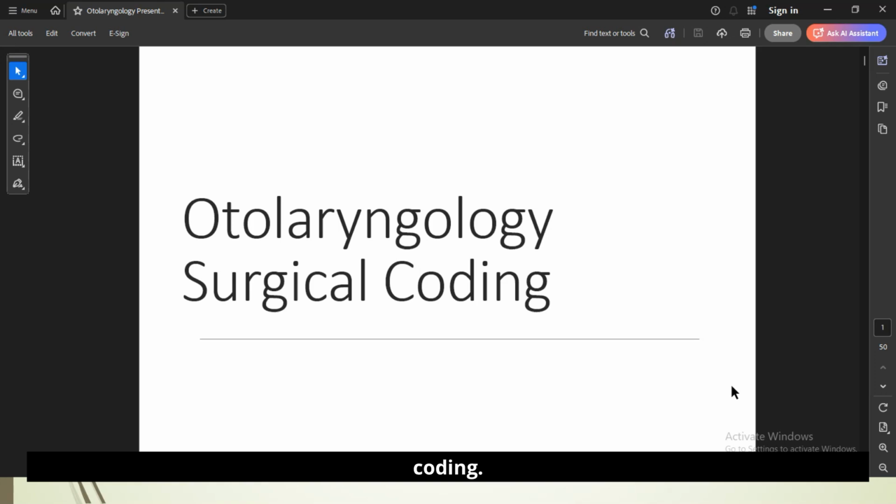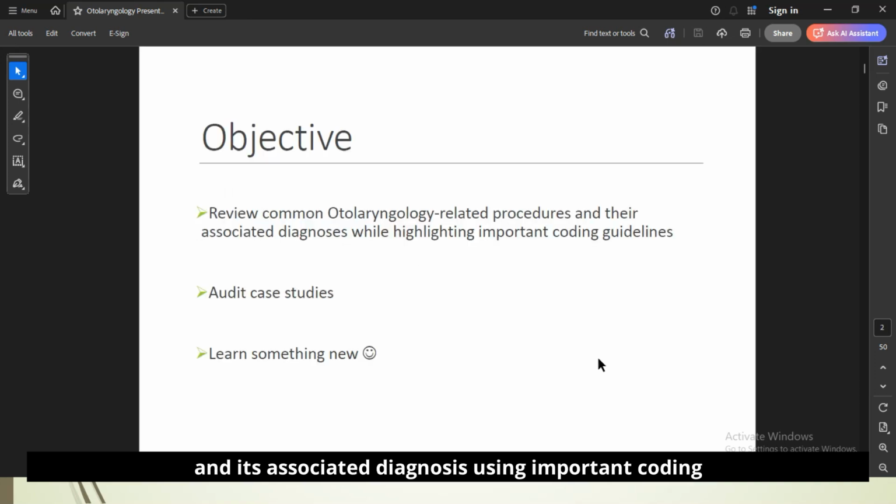Surgical coding. In this session, we will review common otolaryngology-related procedures and their associated diagnoses using important coding guidelines. Whenever you code any CPT code, you need to ensure medical necessity.